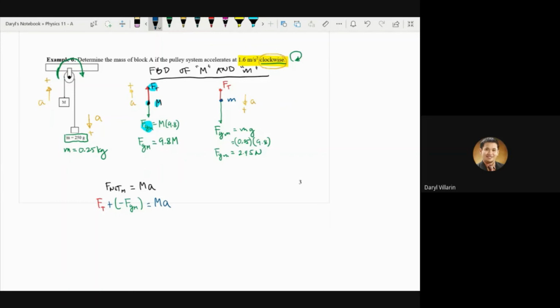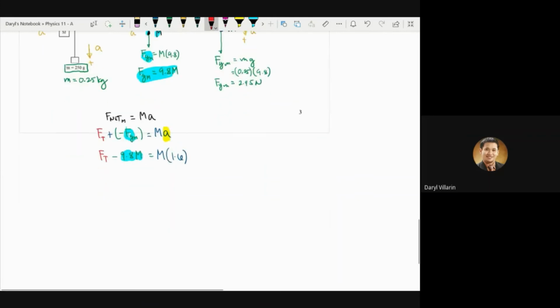Okay, so now in the problem A is given. So again, the next step will just be substituting the things that I know. Well, Fg capital M in terms of capital M is given by that. Again, that is given here. So therefore, I just replace my Fg capital M with 9.8 capital M is equal to capital M multiplied by 1.6.